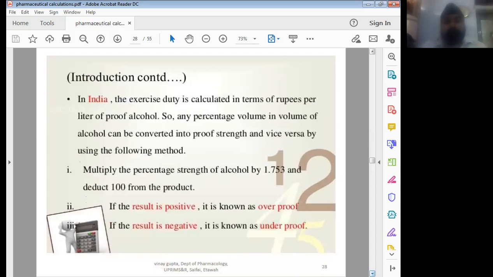In India, for excise duty, we calculate how much proof alcohol is there. We calculate the excise duty in terms of rupees per liter of proof alcohol.